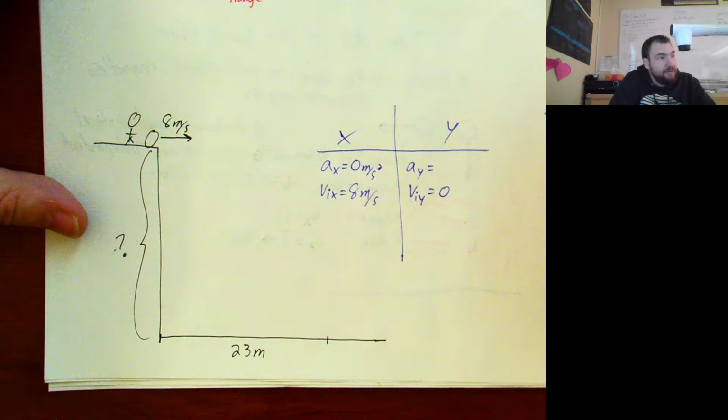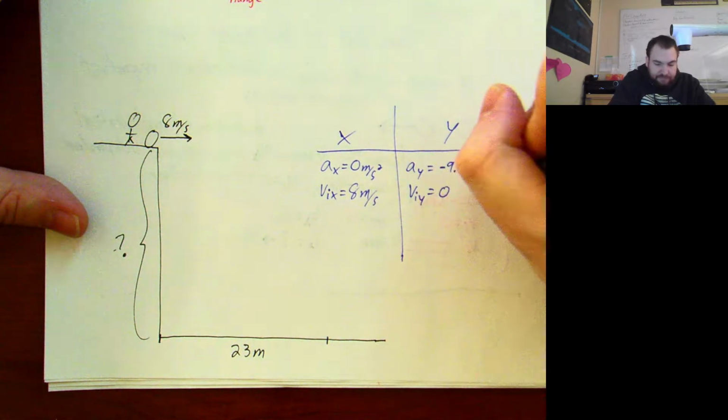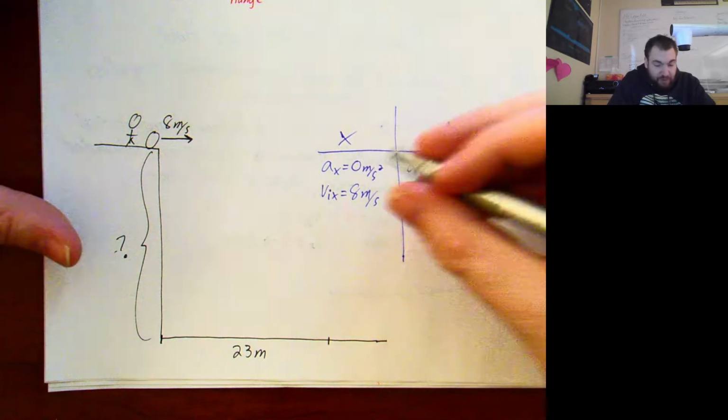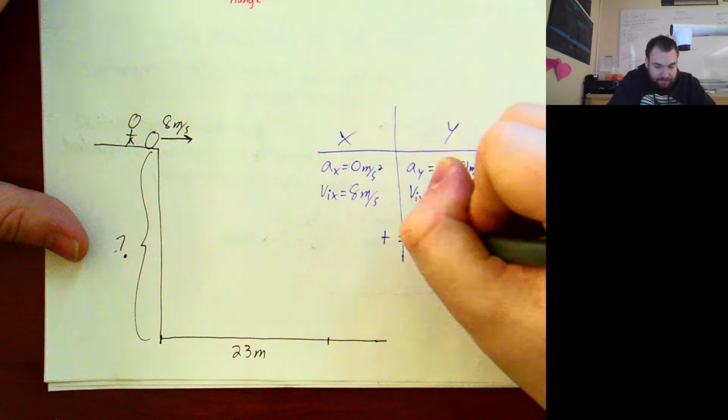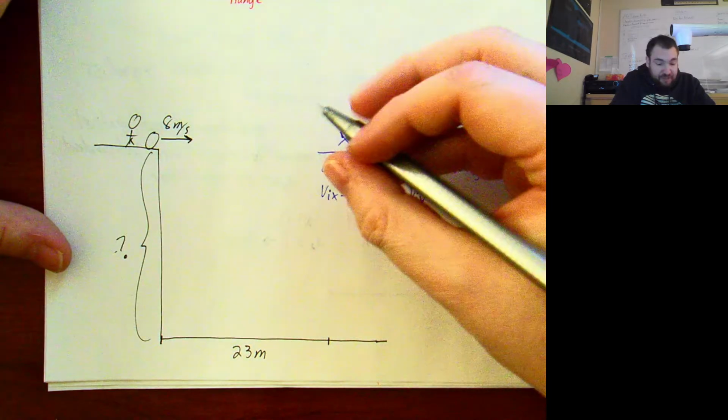AY is going to be negative 9.81 or negative 9.8. You can use those values interchangeably. They're going to change it to a couple decimal places, but ultimately not that big a deal. What else do we know? We know that the times are going to be equal. And we know the horizontal distance is 23 meters.